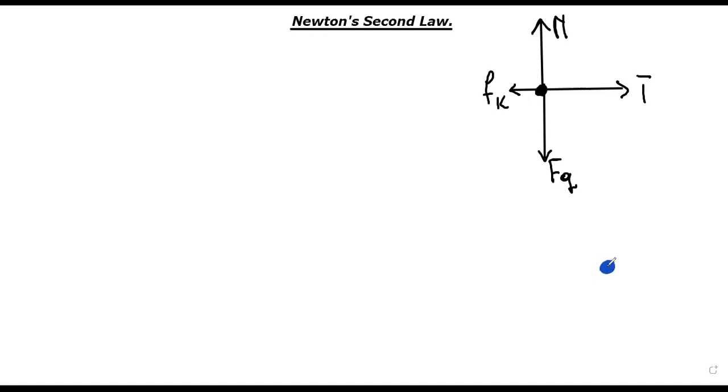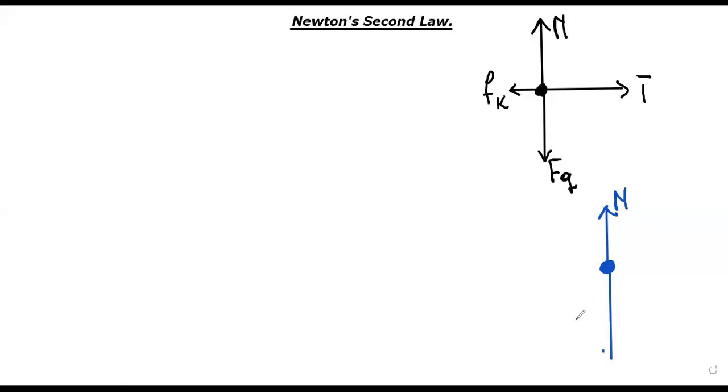Right. Now we go to block Q. So block Q is also on a horizontal surface. Well, it's not resting, sorry, it's moving. So we know that we have normal force, like that. And then in this case, the gravitational force will be larger than the normal force.